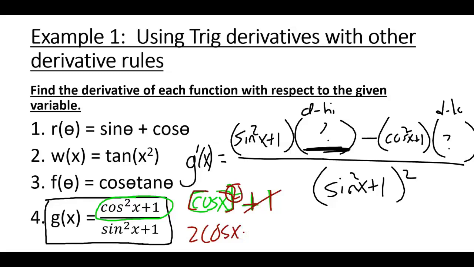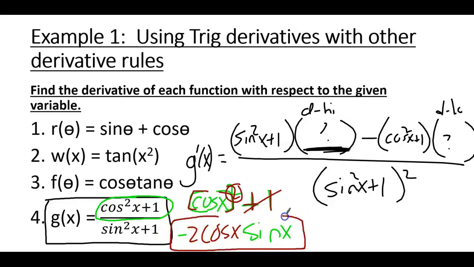The derivative of cosine is negative sine. You don't want to put the negative here because if you do, that makes it look like it's saying cosine x minus sine x. It's not. It's cosine x times a negative sine x. And so what we're going to do, since we're multiplying it, just put the negative in the front. So that would be the derivative of the top.